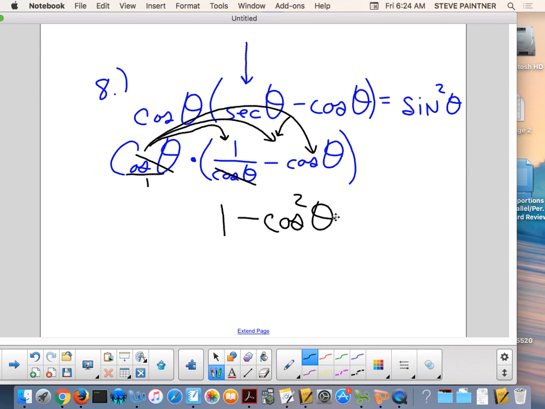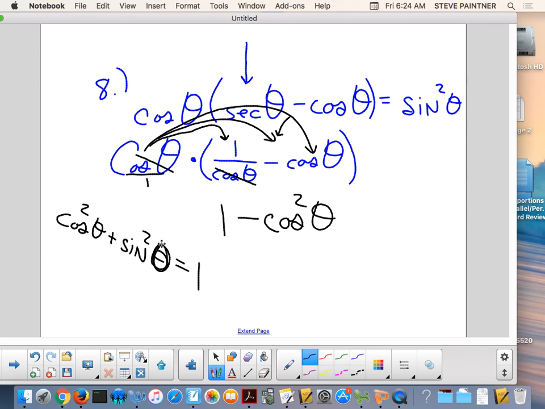Okay, now it looks a lot better. Now looking at this, 1 minus cosine squared, well, you've got to remember your Pythagorean identities. Okay, there is the Pythagorean identity.